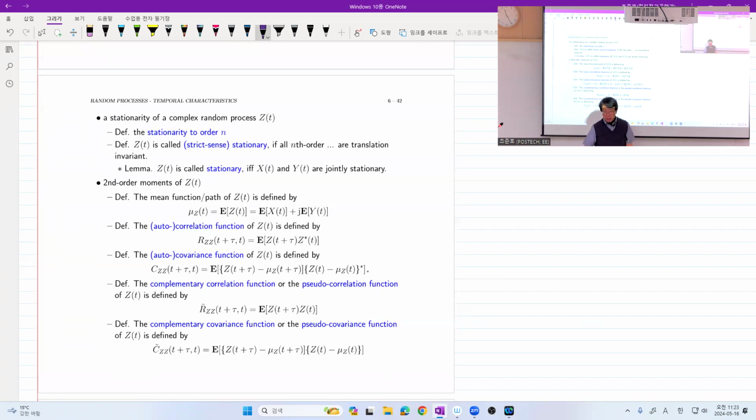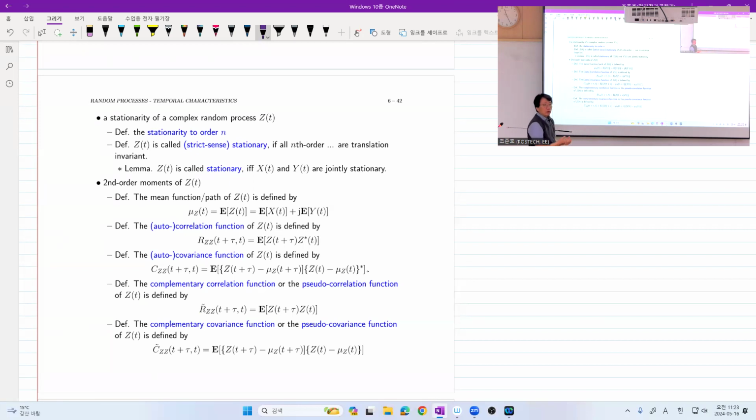What would be the stationarity of order 2, order 1? Actually, stationarity of order 1 may require what? Stationarity to order 1 of the real part and stationarity to order 1 of the imaginary part. Because you can take only one sample, right?